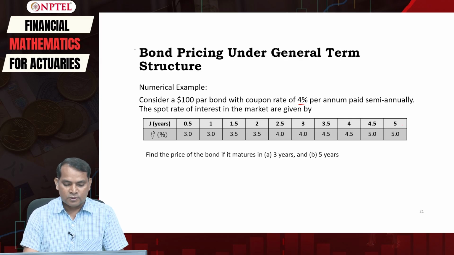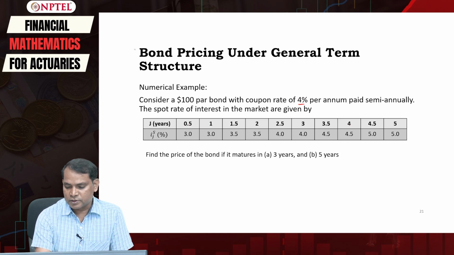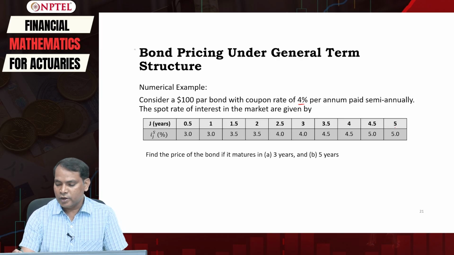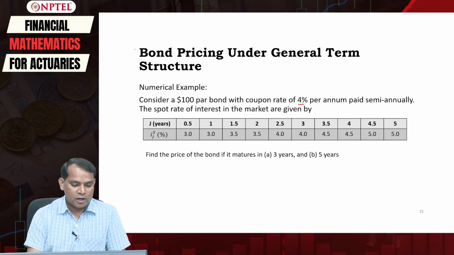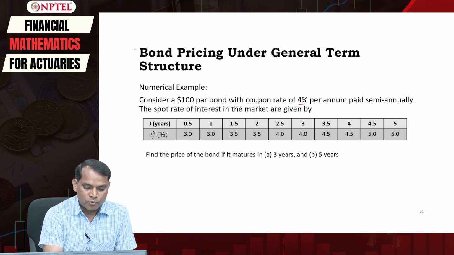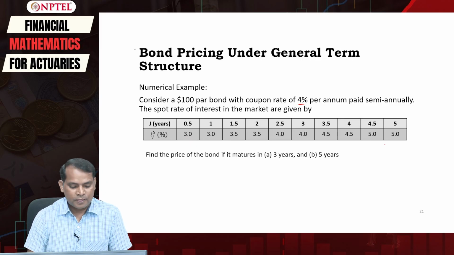Here it is given half yearly, so every half year it is given. So, j is 1, 2, 3, 4, 5, 6, 7, 8, 9, 10. So, up to 5 years is given, and the spot interest rate for every half year is also given.